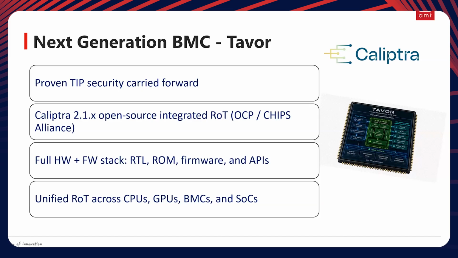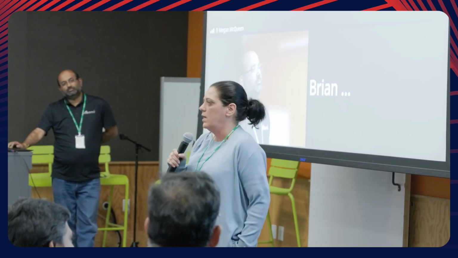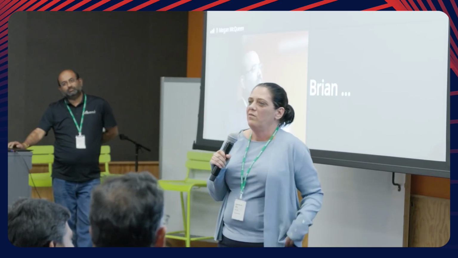You should have as many people as possible joining hands, trying to identify the risks, mitigate and find solutions. We also believe that in the future Caliptra will be integrated into more modules, and it will be very good if all these modules have the same API, the same methods, the same response, the same trust level. So this is why we are moving to Caliptra in the next generation.